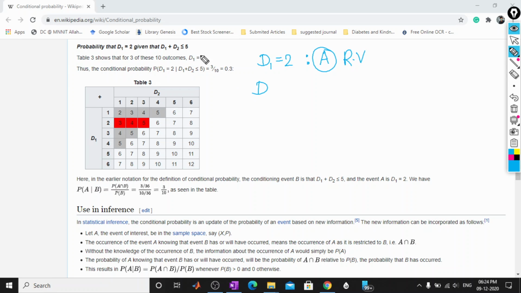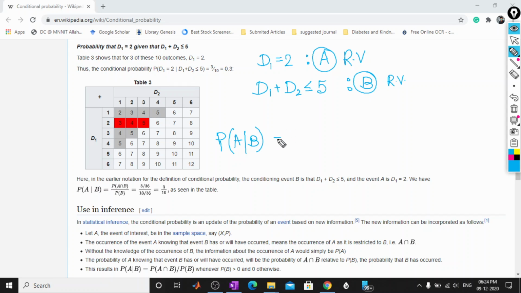Our second thing is d1 plus d2, our given condition, equal to 5, and this is our second random variable b. Now we are interested to find the probability of a given b.